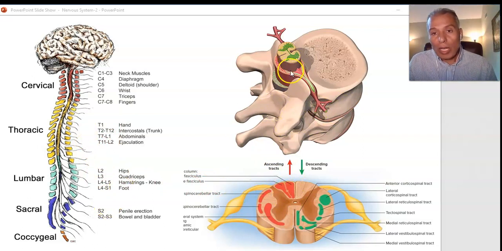So here you have, out of every vertebra, or every segment near a vertebra, a spinal nerve that comes out, and it has motor functions and sensory functions. And this happens for every single segment.